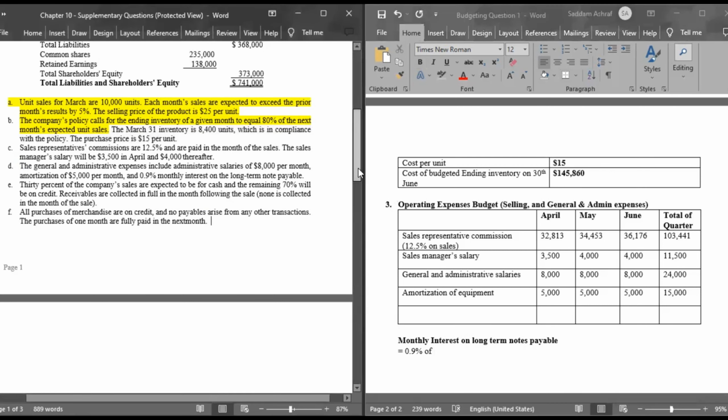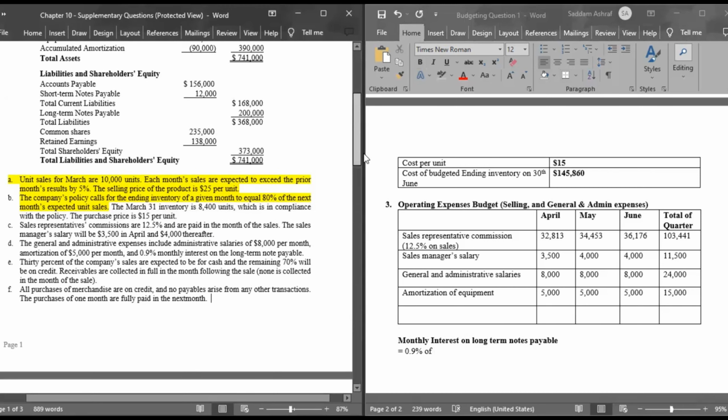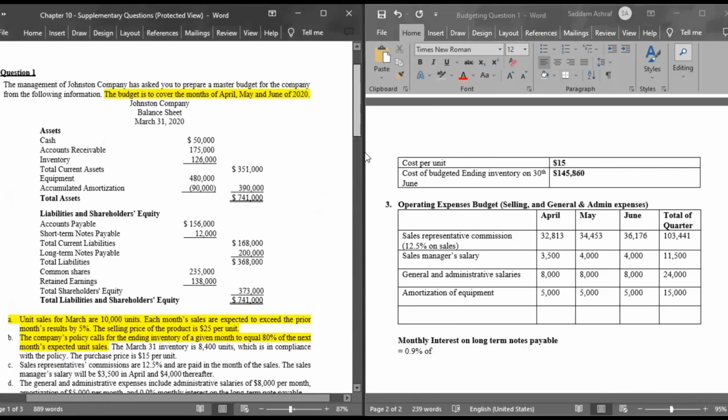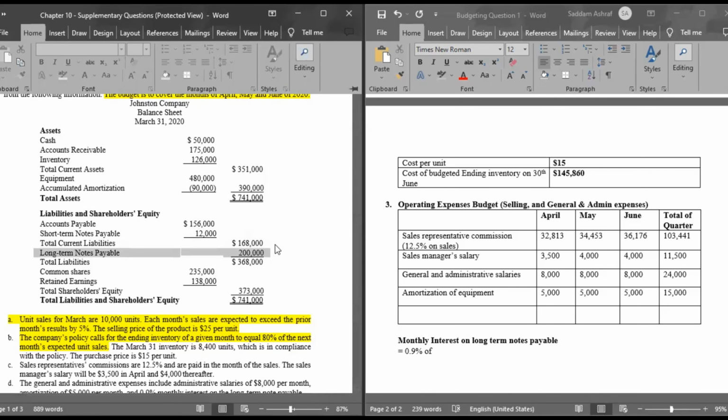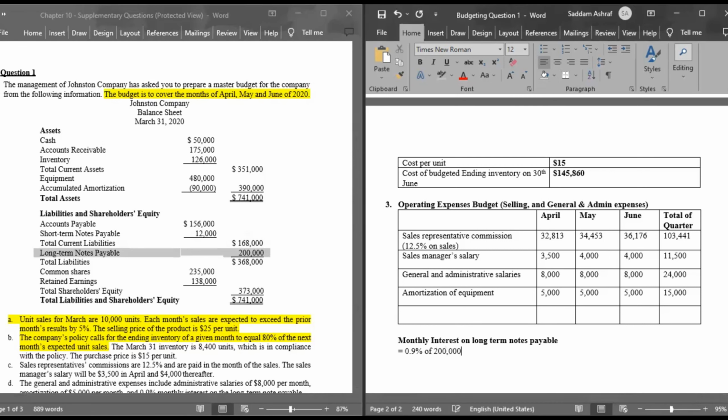For this, we have to refer to the long-term notes payable value, which is given at the start of the question. You can see the value of long-term notes payable is 200,000. Can you see? Yeah. So just take 0.9% of 200,000.